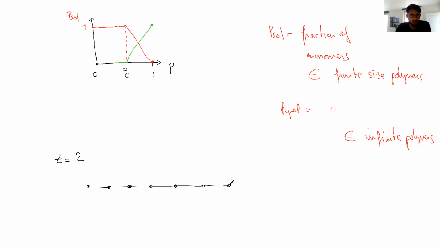At p equals 1. Yes. When p equals 1, all the bonds are connected together necessarily. And suddenly you've created an infinitely long molecule because the system is infinite in size, as we usually do at the thermodynamic limit. Okay. In contrast, if one of those bonds is not activated, then you are not able to create a system that is infinitely long.